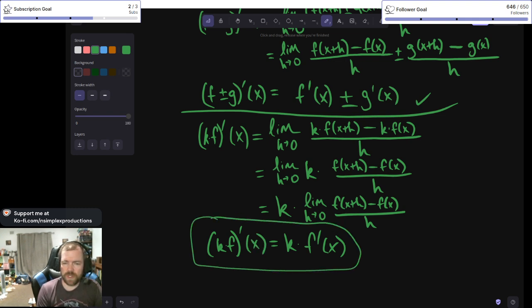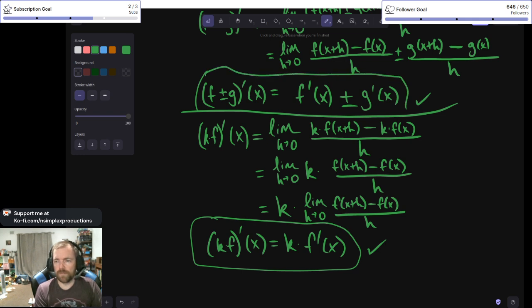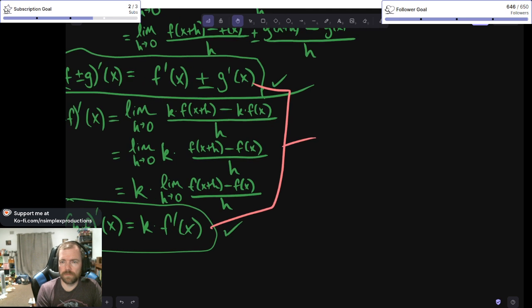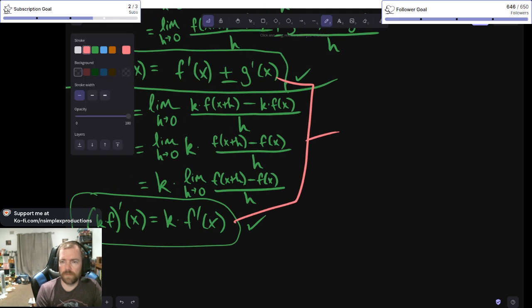So we do get, by using these two properties together, derivatives are linear operators.